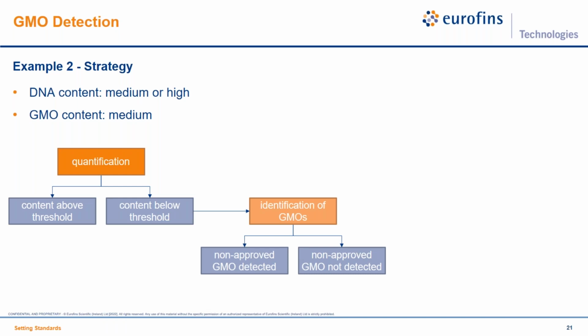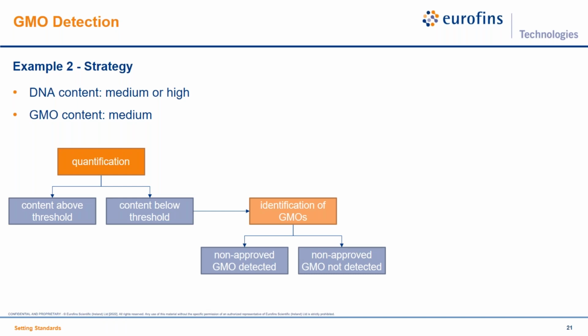If you choose a specific quantification at this step, you should choose the most important GMO for this species. So for example, if you would like to quantify soybean, then it's good to start with a quantification of Roundup Ready 1 and/or Roundup Ready 2 soybean.